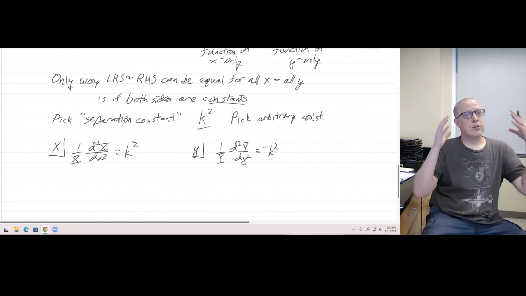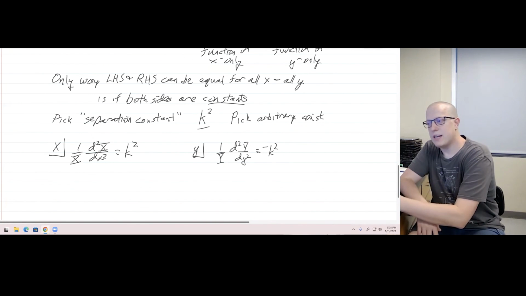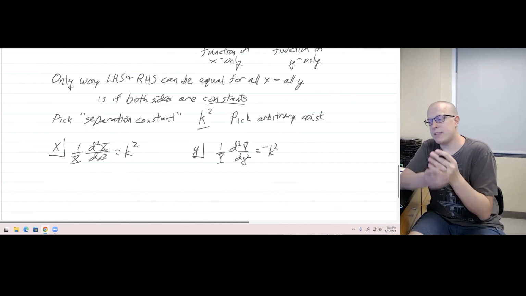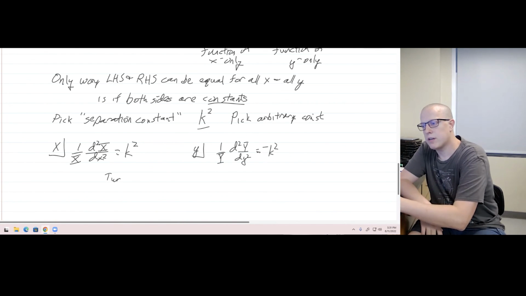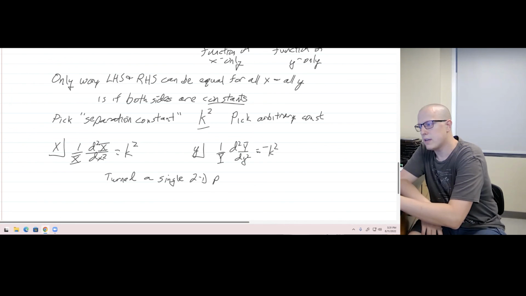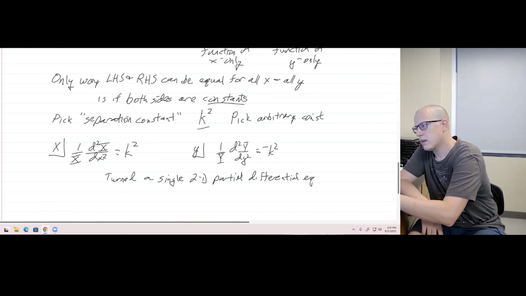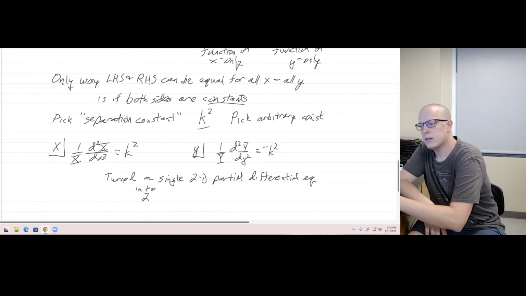Okay? And so to summarize here, the move that we have done here by assuming that we can write the potential this way is we have turned a single 2D partial differential equation into two separate ordinary differential equations.